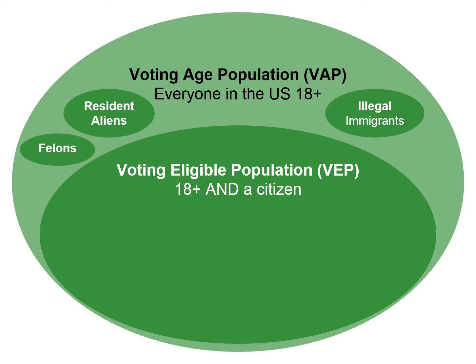Now, as we look at a number of statistics on voter turnout rate, it's important to keep in mind these two figures. First, the voting age population. The voting age population, or the VAP, is going to be composed of all U.S. residents ages 18 or older. And so anyone that is 18 or older will be included in this number, whether or not that person is actually eligible to vote.